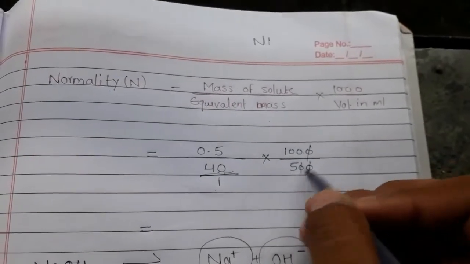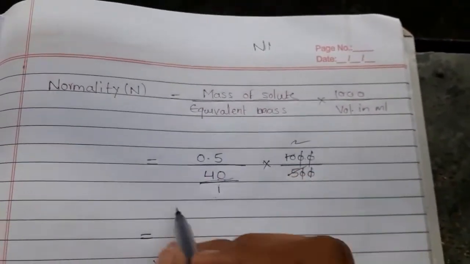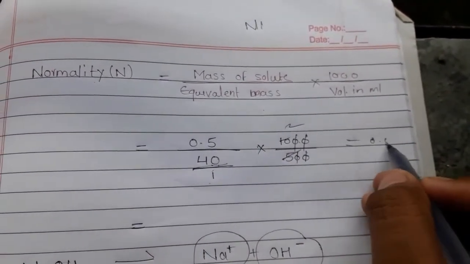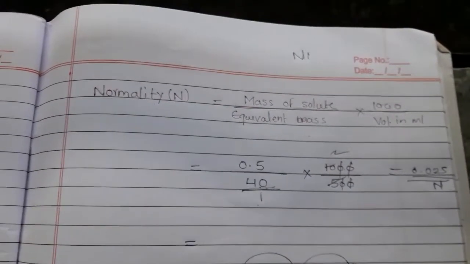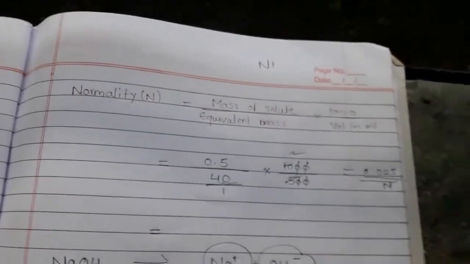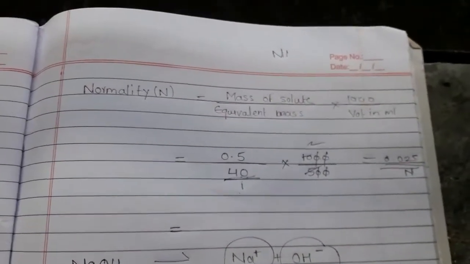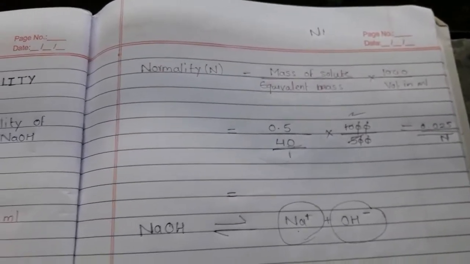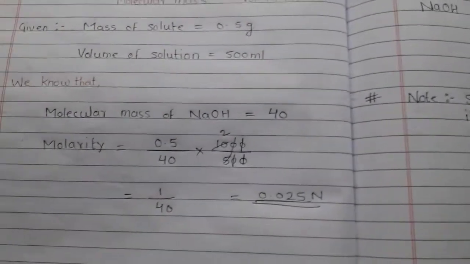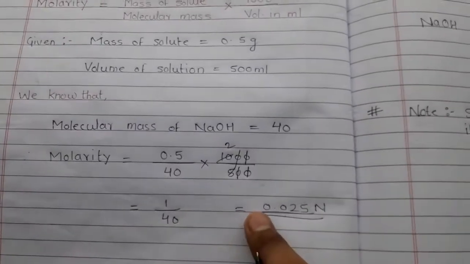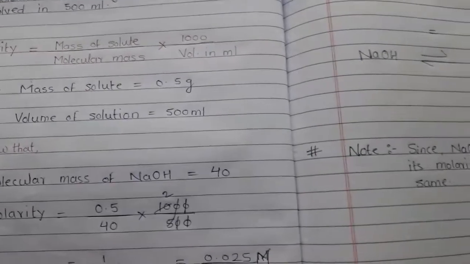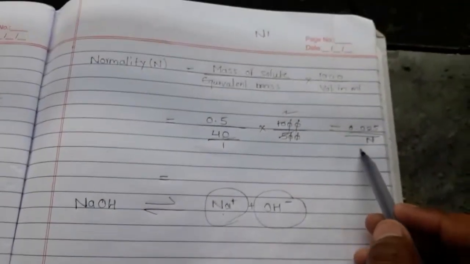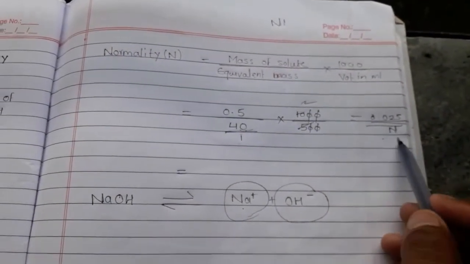Again we cancel and solve this and we get the answer as 0.025 normal, the same as the molarity. So we have found the molarity as 0.025 M and the normality as 0.025 N.